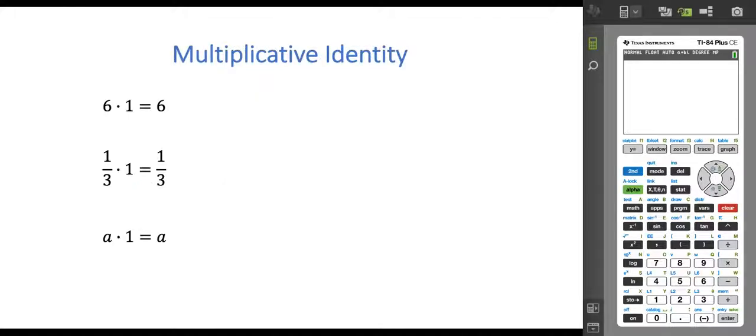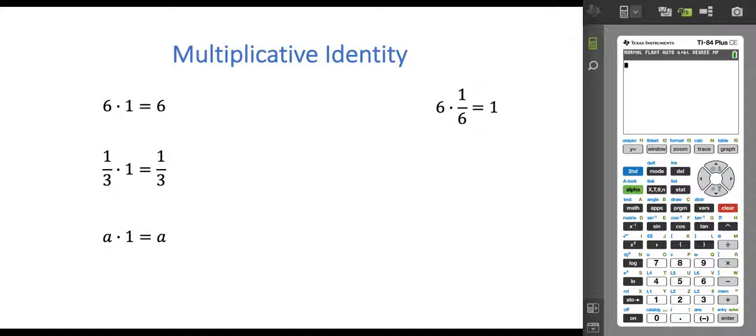Okay, so let's look at this. We talked about this idea of a multiplicative identity, which with real numbers is the number 1. But now I want you to shift your focus to a multiplicative inverse. For example, the multiplicative inverse of 6 is 1/6 because 6 times 1/6 gives me the multiplicative identity 1.